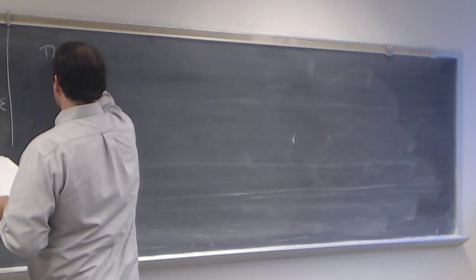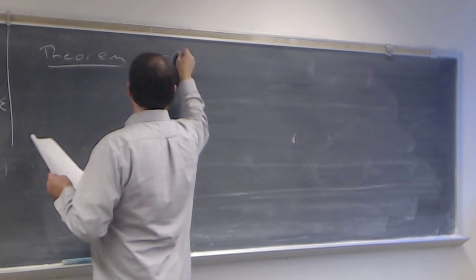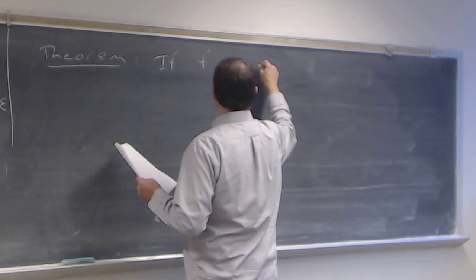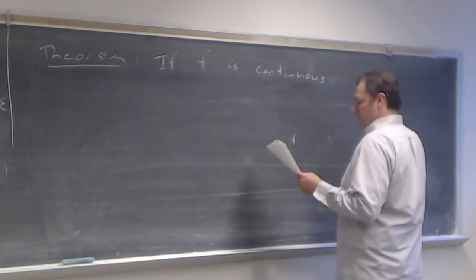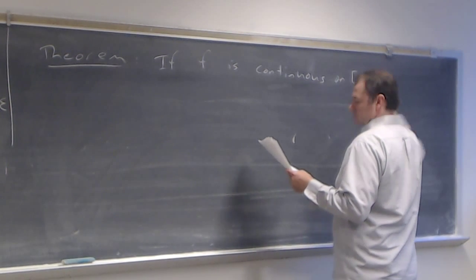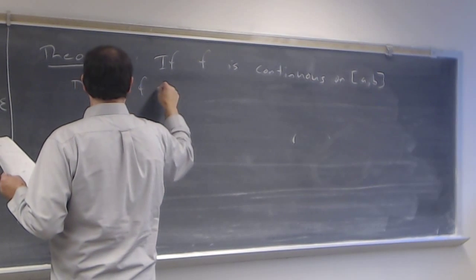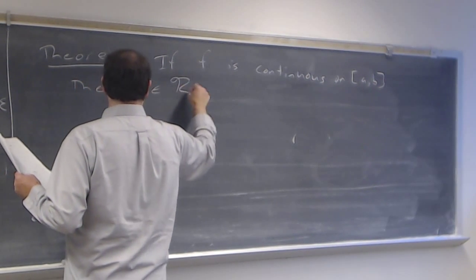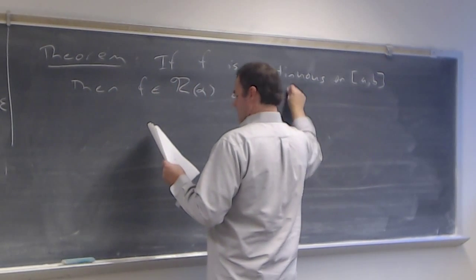Here's the first theorem. It says if f is continuous on a to b, then f is Riemann-Stieltjes integrable with respect to alpha on a to b.